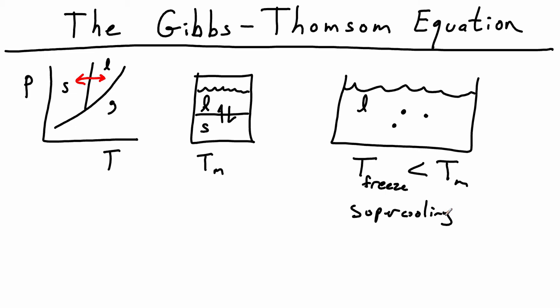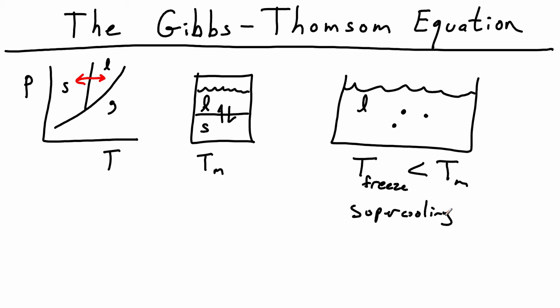So this is what happens when we try to freeze without having anything to nucleate onto. And this will happen if we try to freeze any liquid in a really clean vessel that doesn't have any sharp edges or anything that can act as a nucleation site on it.